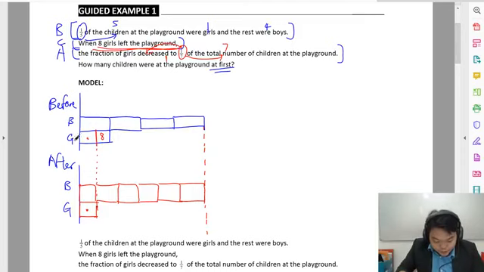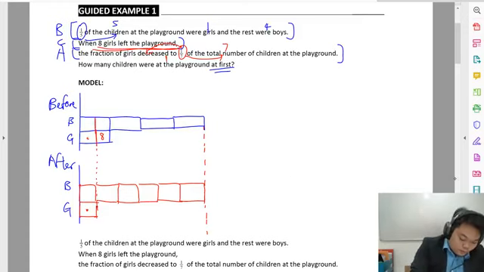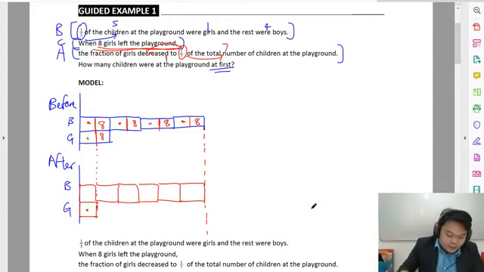Okay, 1 red block and 8. So we extend this to all of them. We make every blue block become 1 red block and 8.